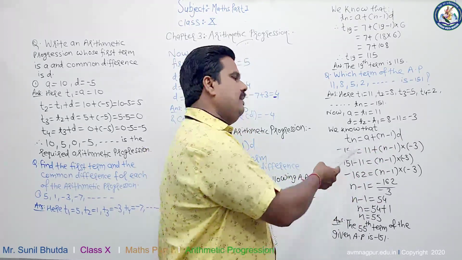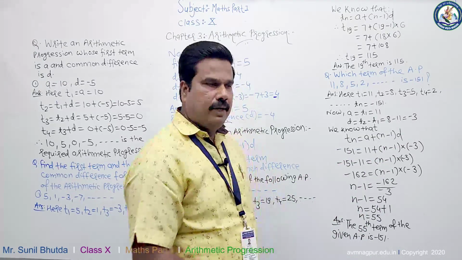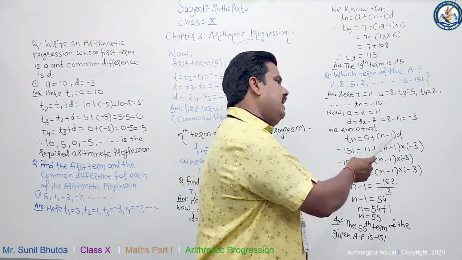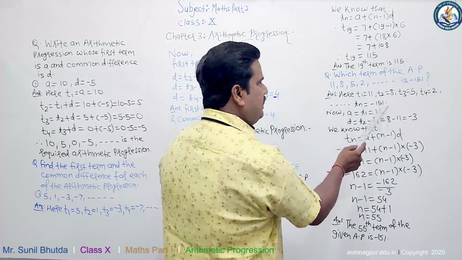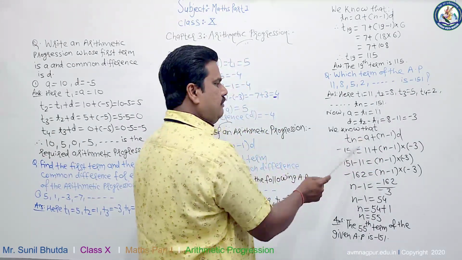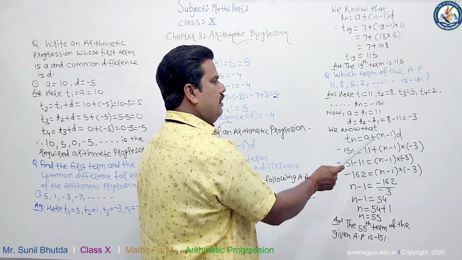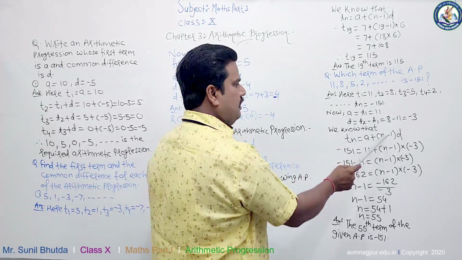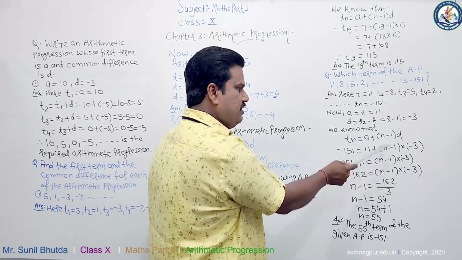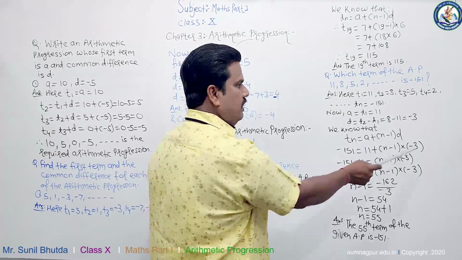Now write down the formula to calculate Tn. Tn can be calculated by using the formula a + (n - 1) d. What is the nth term in our problem? The nth term is minus 151. The first term is 11, plus (n - 1), and we have to find n.